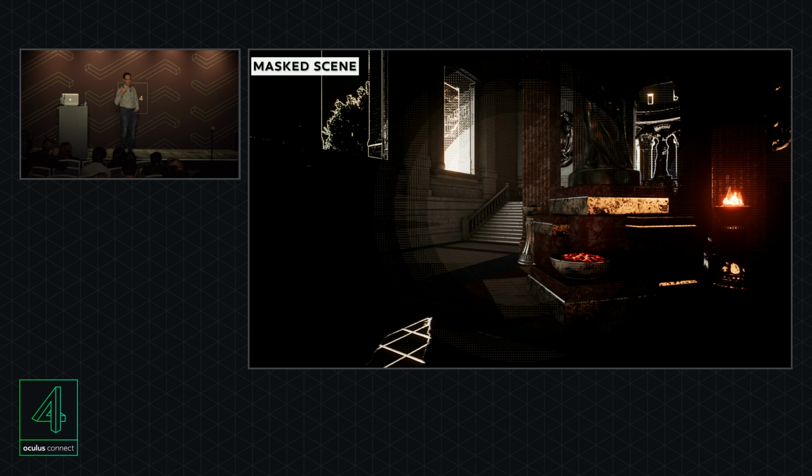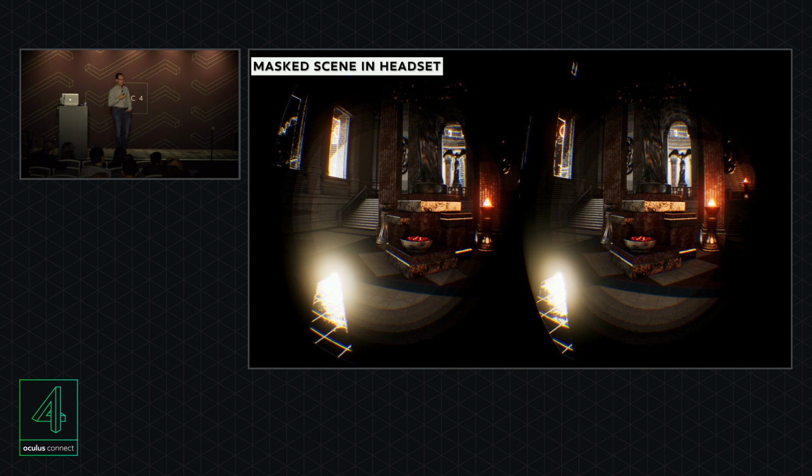On the periphery, as the image is going to get squeezed, and because of the optics that are not perfect on the periphery, you're not going to notice as much detail. So we don't render as many pixels, of course, because of the mask. And this is the same or similar scene in a headset with the mask applied.